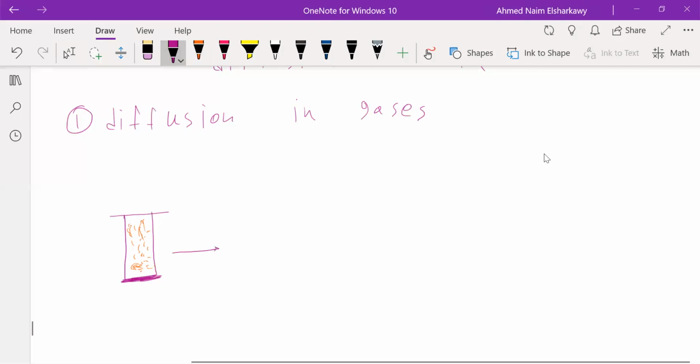So I will draw another beaker here, and this is my hydrogen gas, right in the first one.